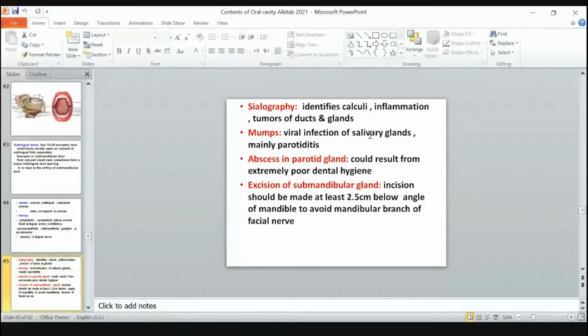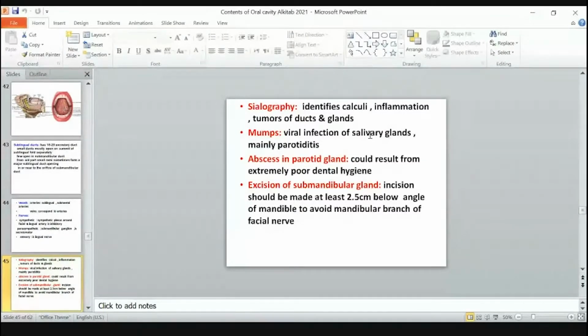With the beginning of mumps, if you look to the oral cavity, to the vestibule, you can see redness and swelling of the opening of the parotid ducts, and it becomes tender when you palpate it. Then the patient will feel pain on palpation. This is mumps, and usually affects the parotid, but might affect the submandibular and sublingual glands.